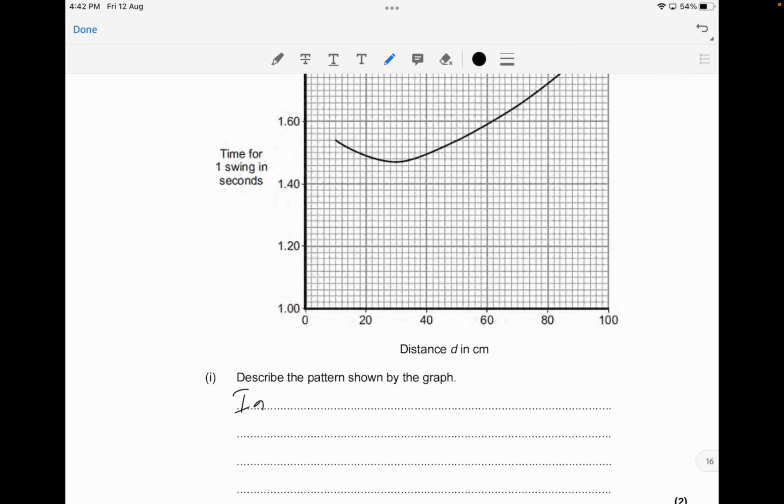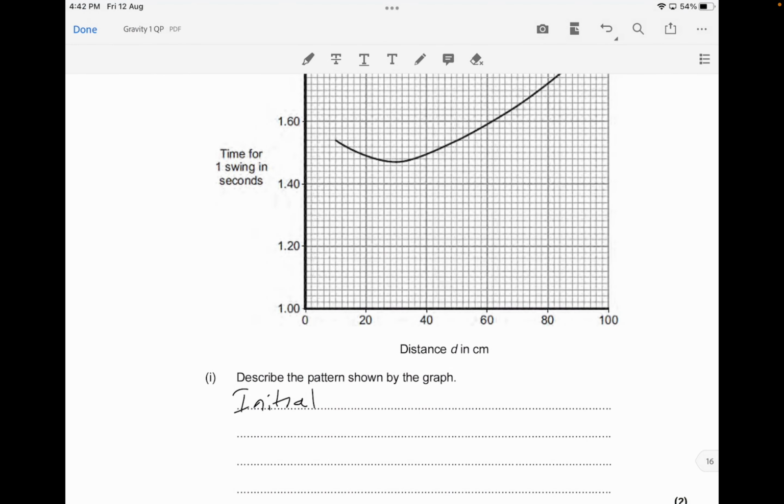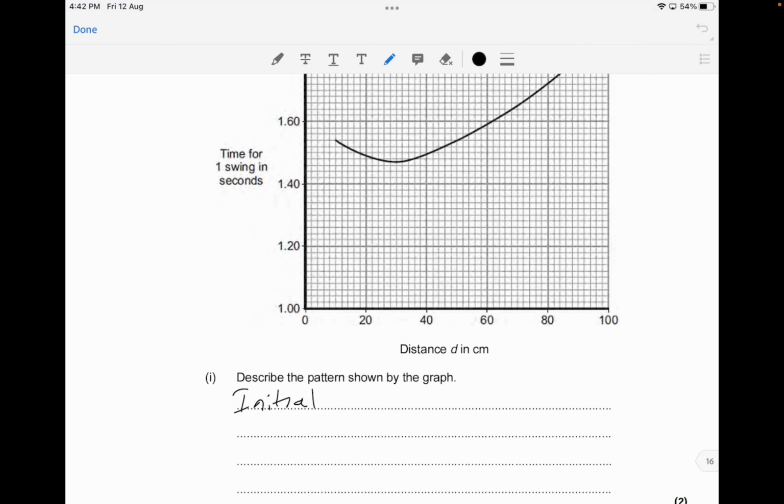You can mention that there is some form of initial reduction in t, which is the time, as d increases. d is just the short form for distance.